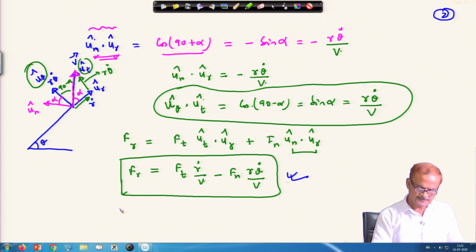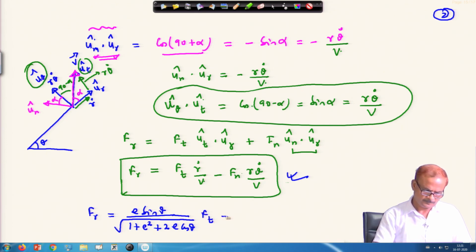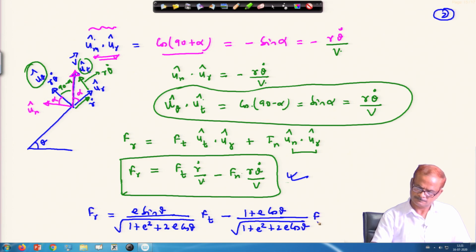Once we insert this, f r gets reduced to e sin theta, 1 plus e square plus 2 e cos theta under root, times f n.